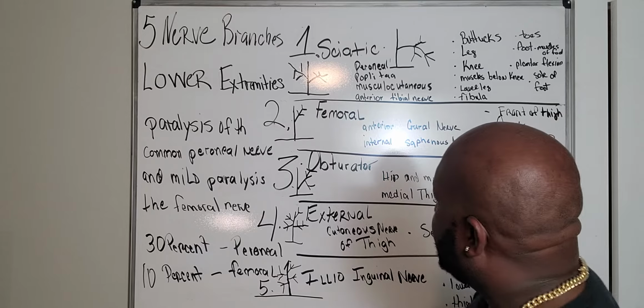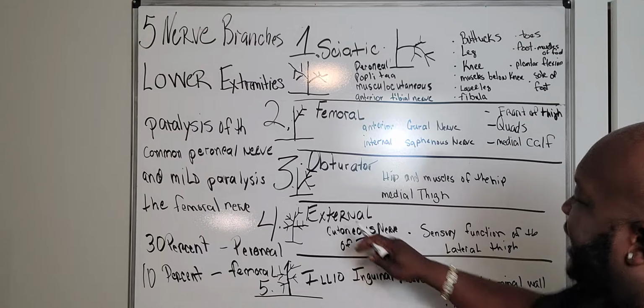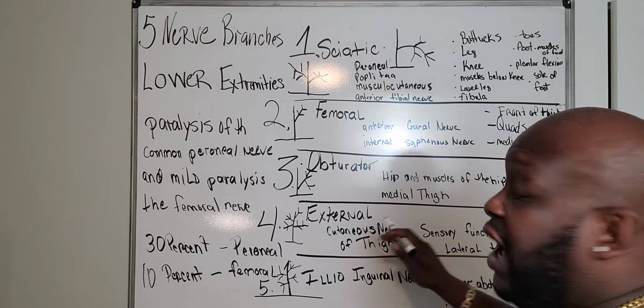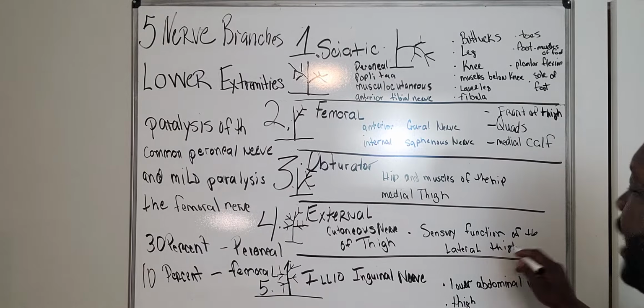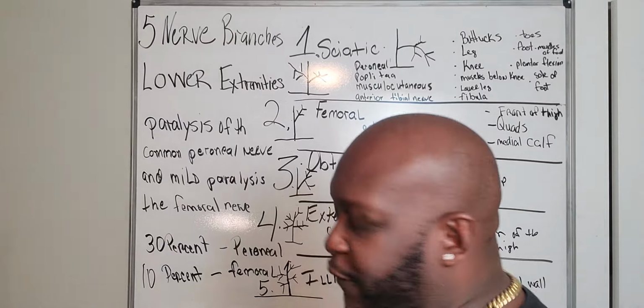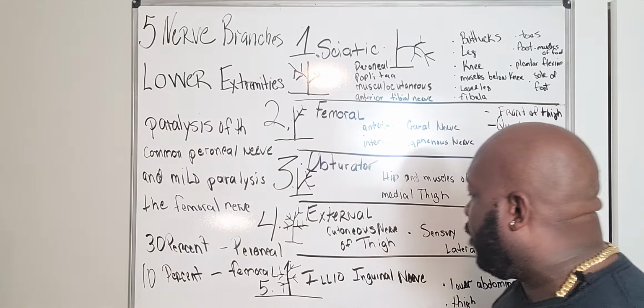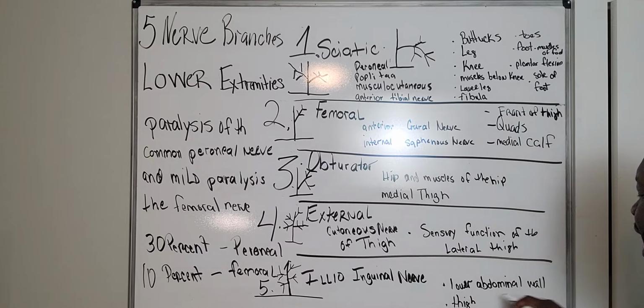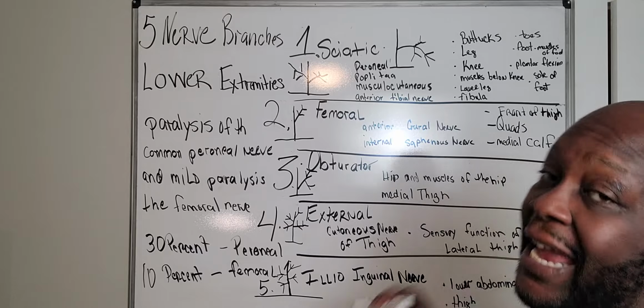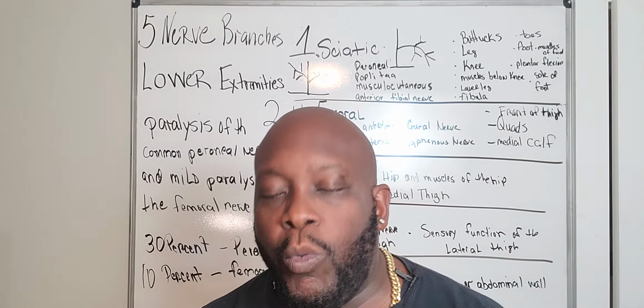Then the 4th one, you have the external cutaneous nerve of the thigh. This is a sensory function of the lateral thigh. So you got different nerves. The 5th nerve is the ilioinguinal nerve. That's the lower abdominal wall and your thigh.